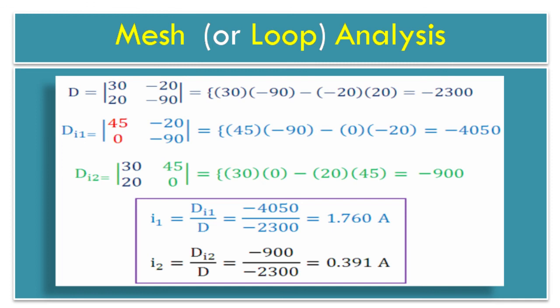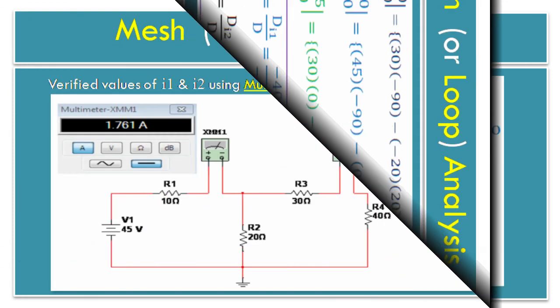We obtained mesh current values I1 equal to 1.760 ampere and I2 equal to 0.391 ampere by solving equation 3 of mesh 1 and equation 5 of mesh 2.